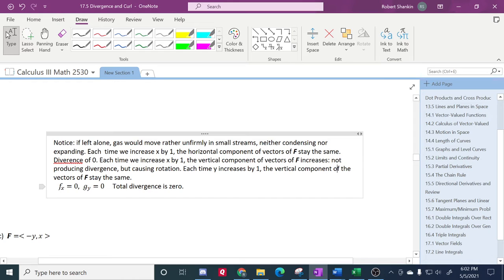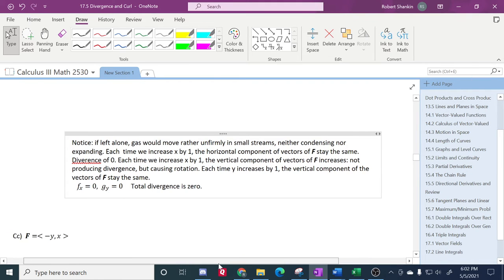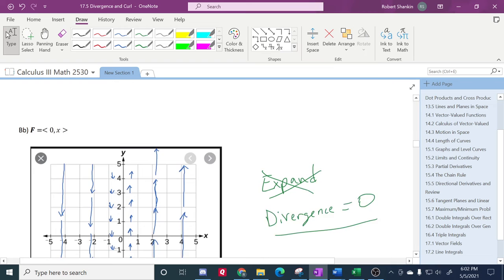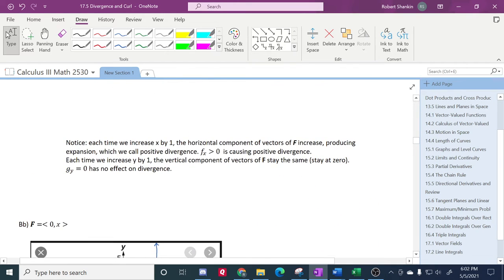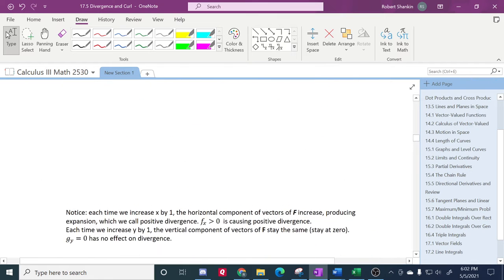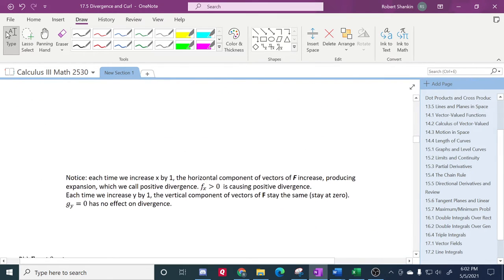And when you increase y by 1, the y component of the vector field stays the same. And the total divergence is 0. So both times, when I have this little paragraph, I wind up looking at little f, its derivative with respect to x, and then little g with respect to y.